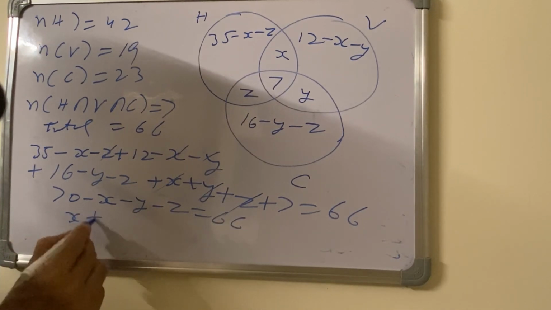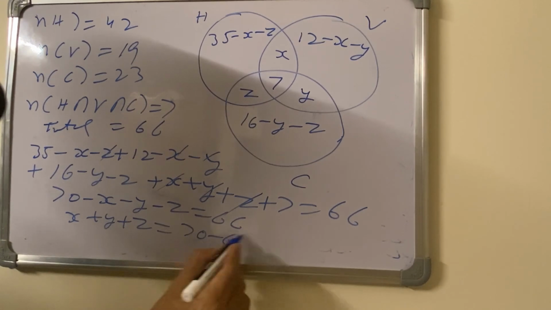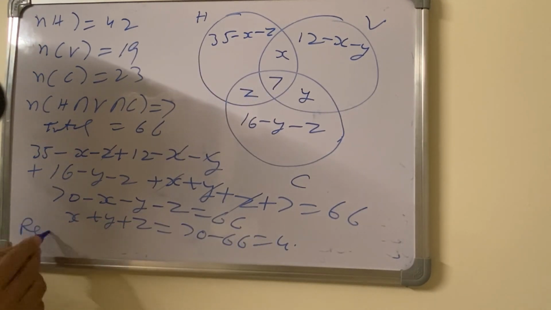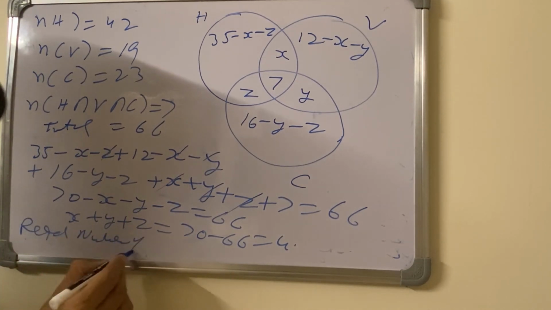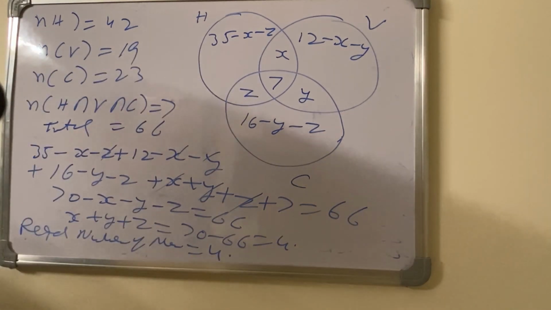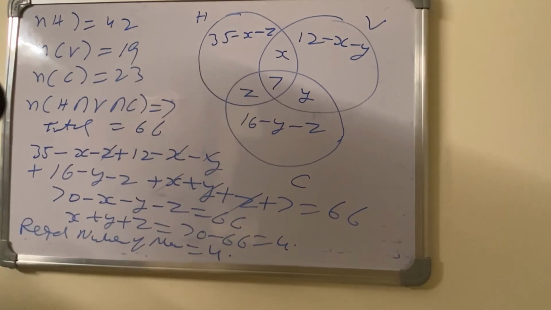So x plus y plus z is 70 minus 66, which is 4. So required number of men is 4. So 4 men got medals exactly in 2 of the 3 sports.